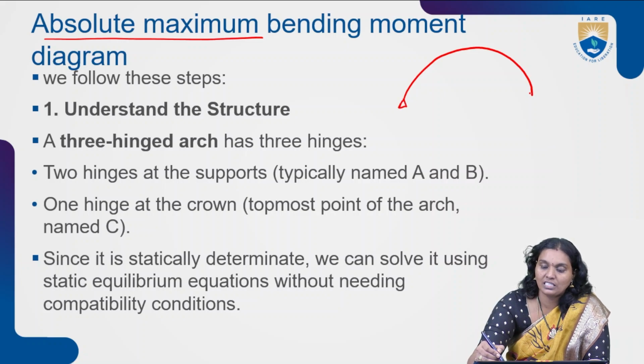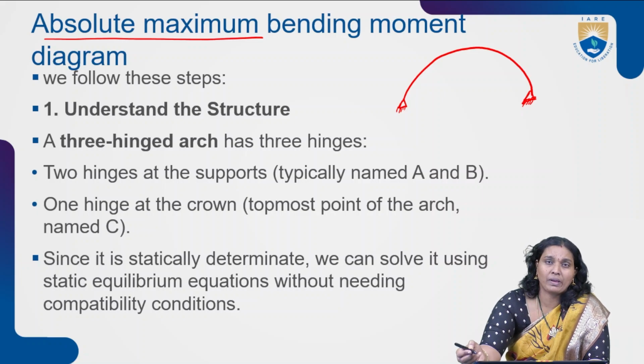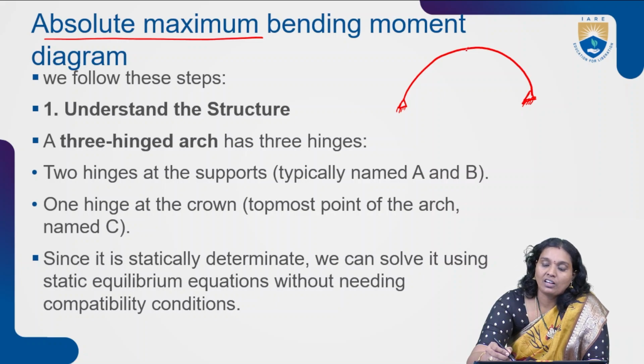We know a three-hinged arch has two hinges at the starting point and the ending point of the arch. Those starting and ending points may or may not be on the same axis, and there is one more hinge at the crown.